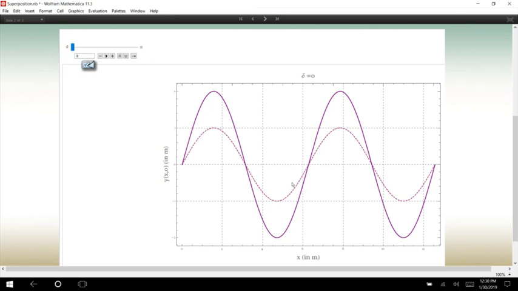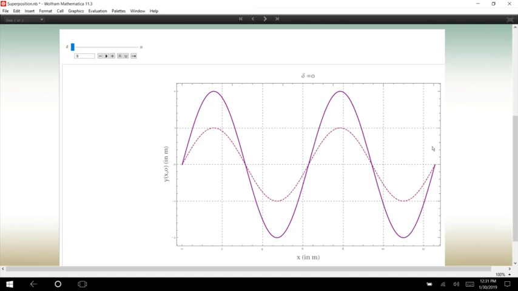Because the phase difference is delta equals 0 or 2 pi, etc. So they're exactly the same curves, right? And so the sum total of the two curves is this bigger purple curve over here, which has twice the amplitude of the original curves.